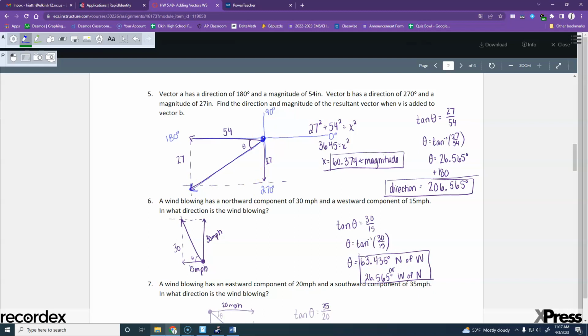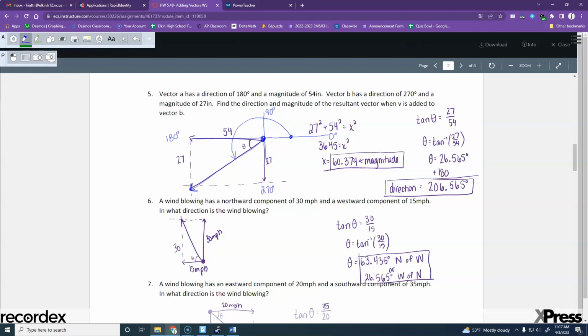So whenever we're given angles like it gives in this problem, just straight angles, it doesn't say north, south, east, or west, you are always finding the angle from 0 degrees around to that angle.